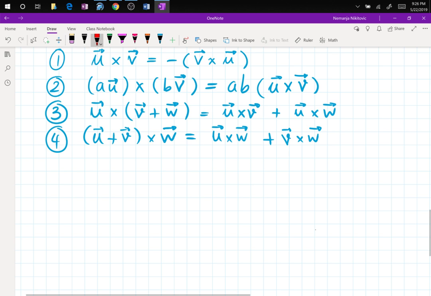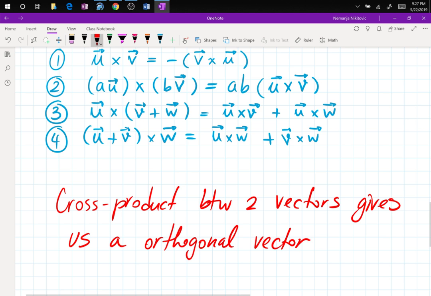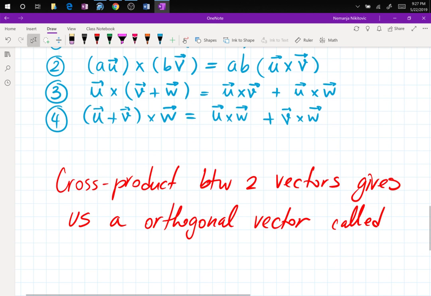And as you can see, all of that just clicks together in one shot. So here, in blood, the cross product between two vectors gives us an orthogonal vector called the normal vector.